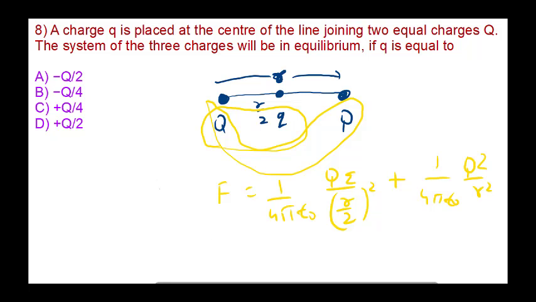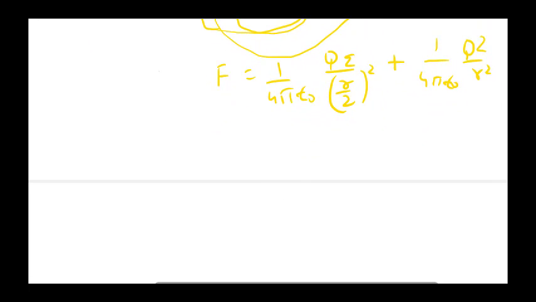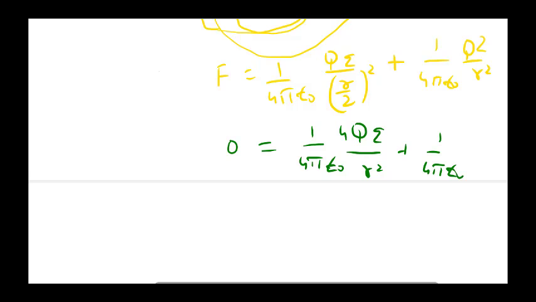Now in case of equilibrium, this sums up to 0. So 0 equals 1 upon 4 pi epsilon 0, this 2 square will go up, so it becomes 4 here, upon r square, plus 1 upon 4 pi epsilon 0 Q square upon r square.